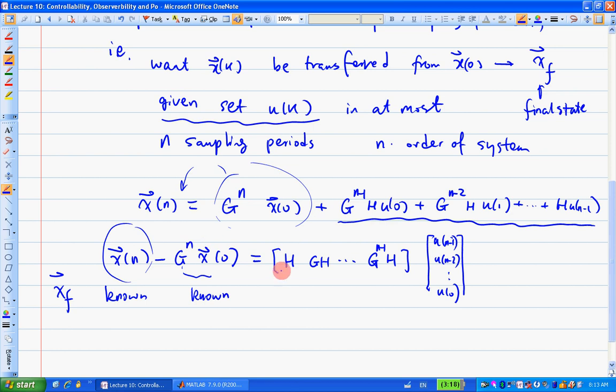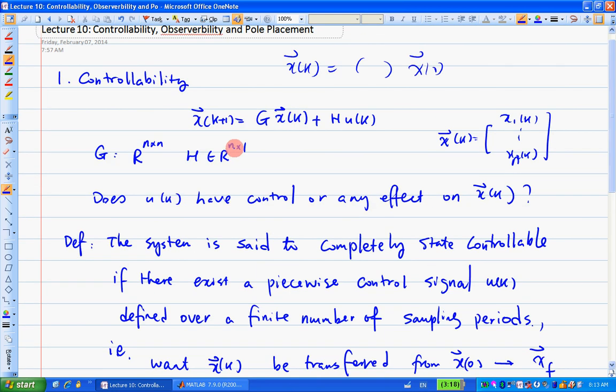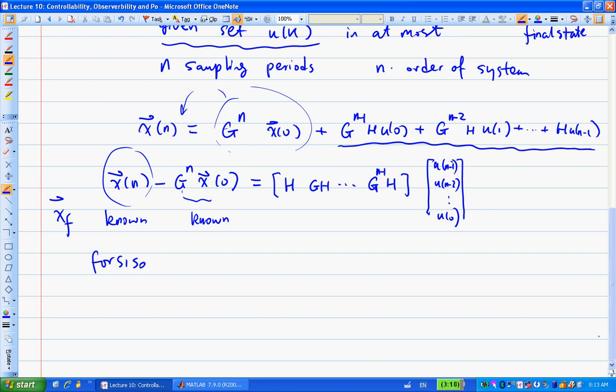And if you look at this matrix right here, for a SISO system, as we wrote it down, what's the size of H? It's n by 1, right? And what's the size of G? It's an n by n matrix.